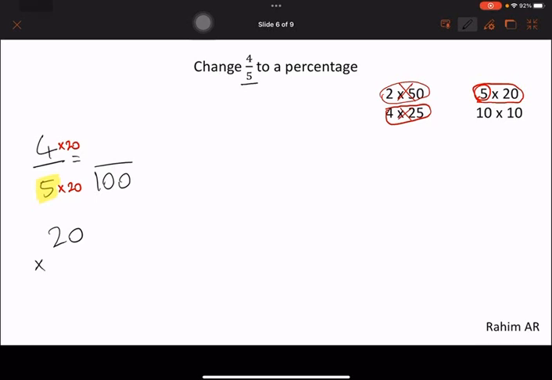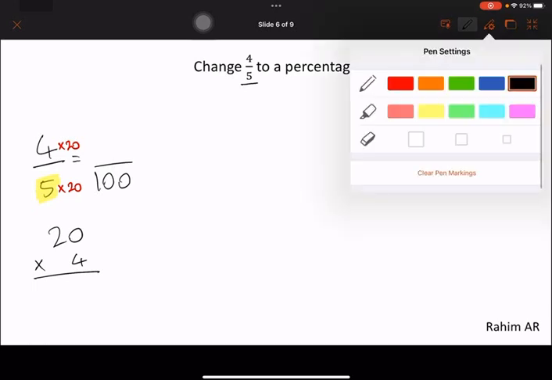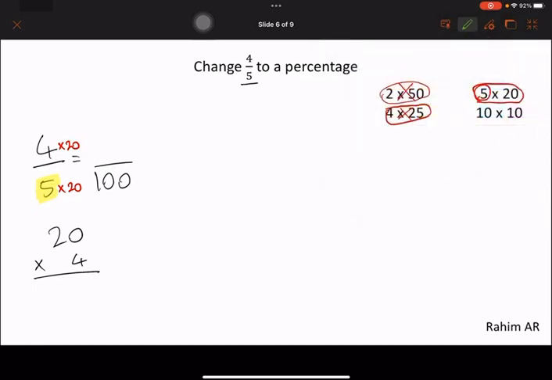20 times 4. Okay, 20 times 4. So we start with the smallest place value first. Maybe I use another color. I use green. We start with green. 0 times 4 equals 0. Okay, so the answer is 0.